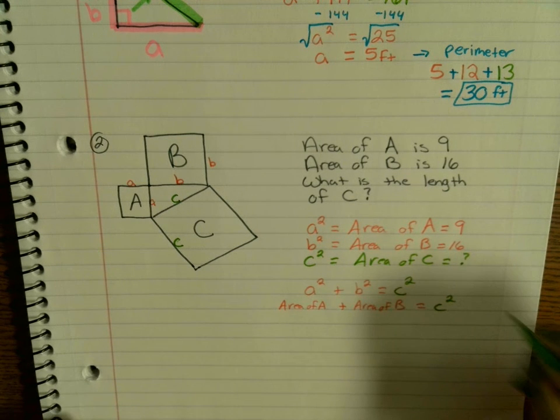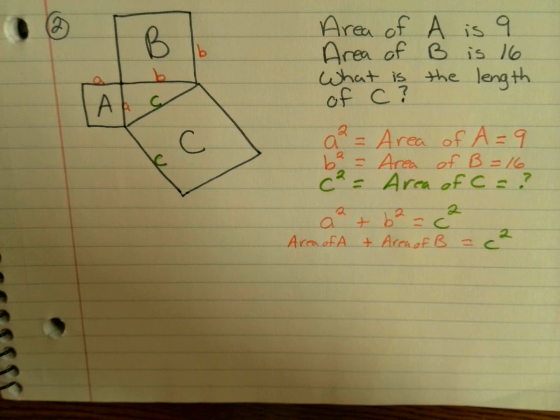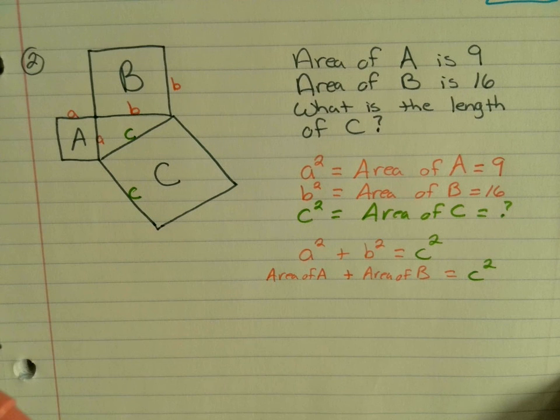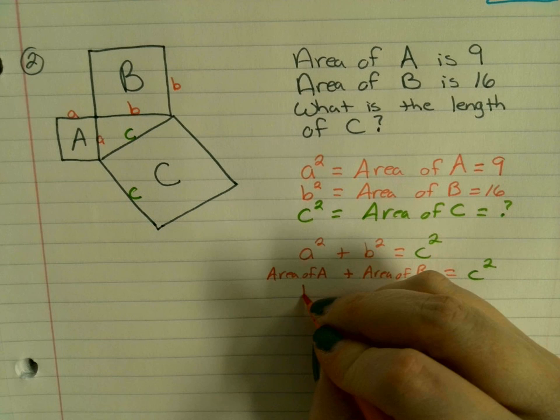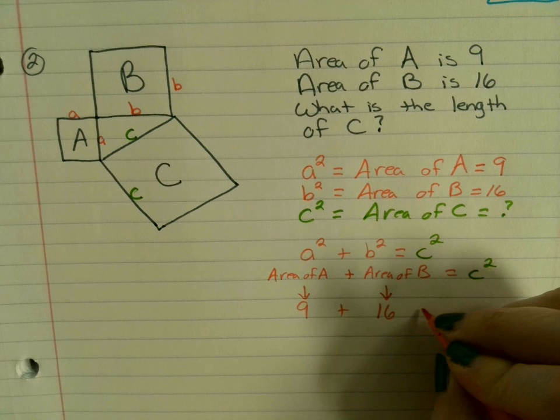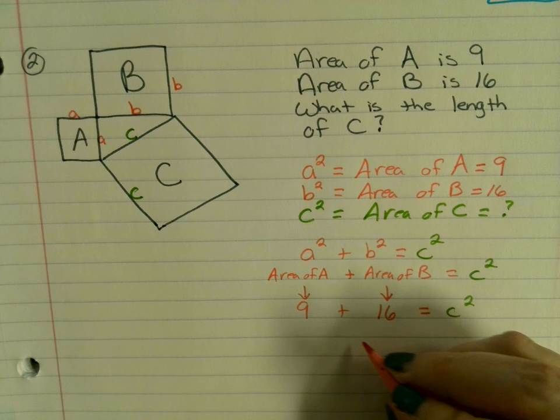Let me zoom in on that so you can see it a little easier. Okay, the area of A was 9. The area of B was 16. If we add that together, that's going to give us c squared. So what's 9 plus 16? 25. So I get 25 is equal to c squared.